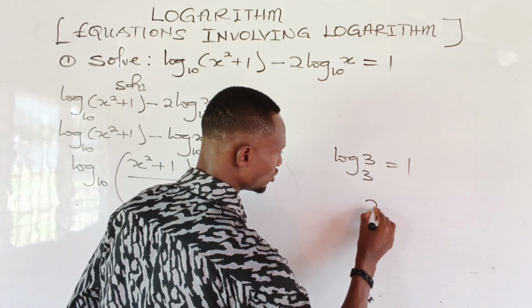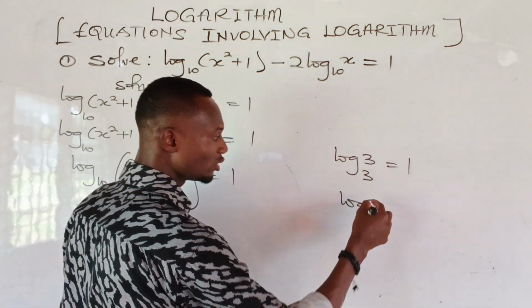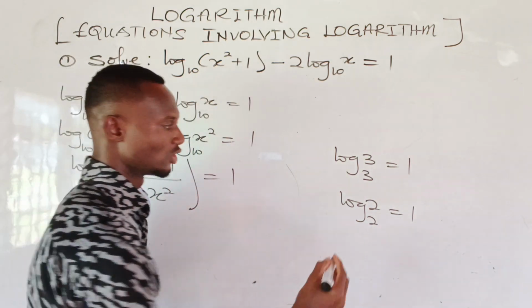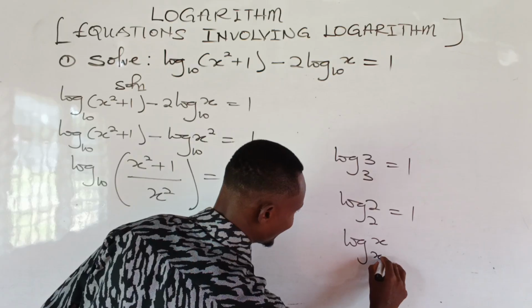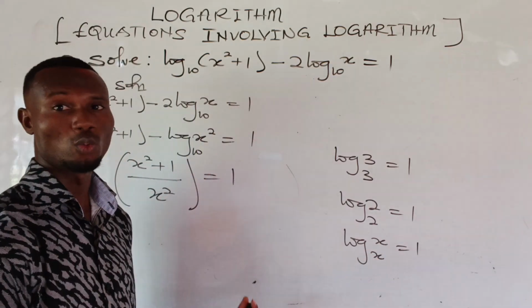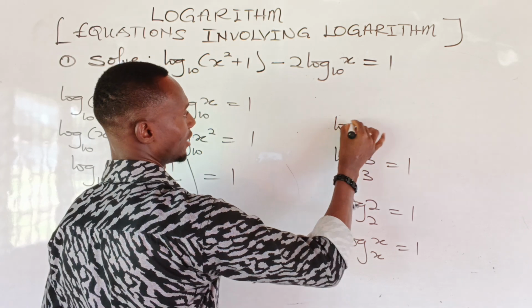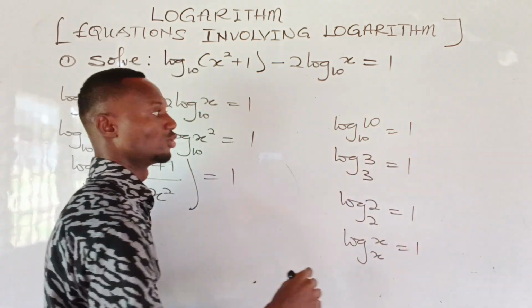So if I have 2 on the board and I take the log of the 2 to the base of that same 2, it should be equal to 1. So if I have the log of s to the base s, it should be equal to 1 in that order. So if I have the log of 10 to the base 10, it should be equal to 1.